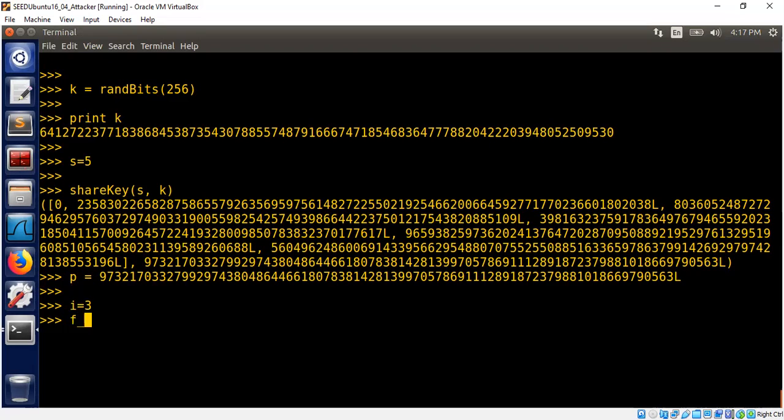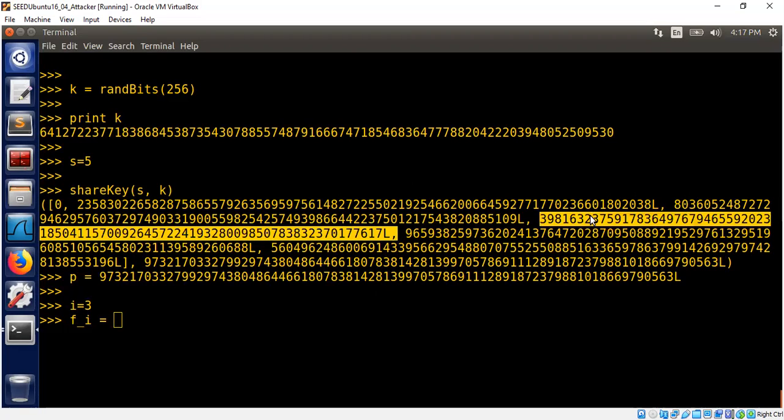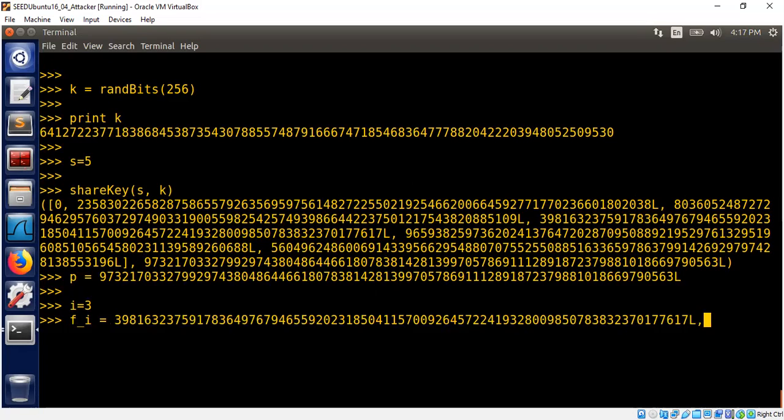What is f of I? We need to compute f of I, which is nothing but the third element in this array. This is 1, this is 2, and this is 3. This is the third element. Similarly, I need to take j to be, say, 4, or take 5, it doesn't matter.